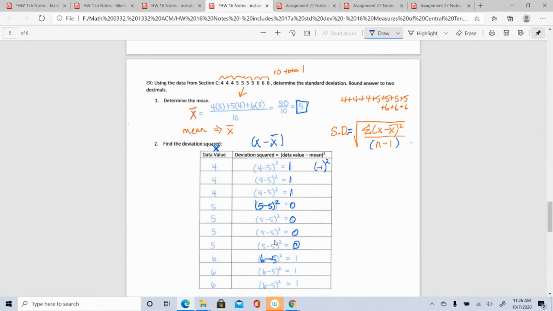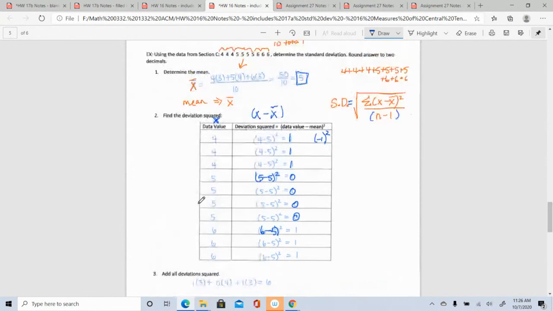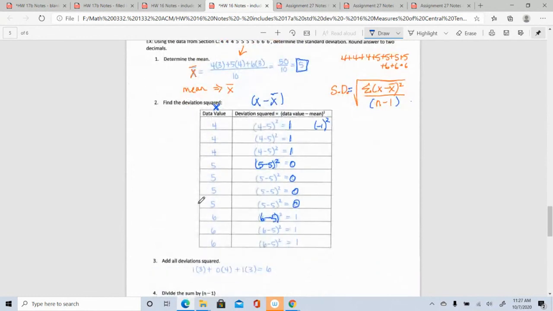Now, I think this one is doing too much at once. I kind of pulled up the wrong one. I think what your chart had was just the x minus x bar.